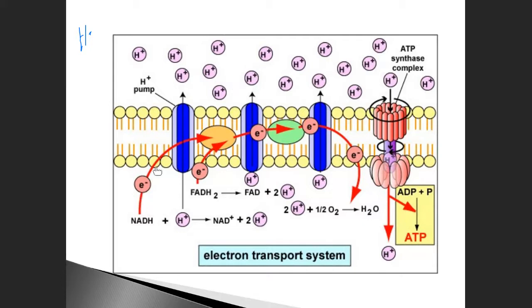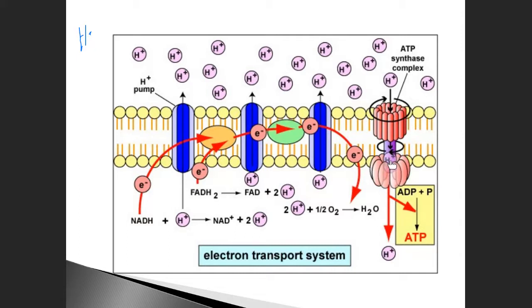The electrons go through a series of oxidative and reductive reactions where they just get oxidized, reduced, oxidized, reduced. This adds instability to this membrane, and that gets transferred over to this beautiful enzyme called ATP synthase. ATP synthase is an enzyme that makes ATP.